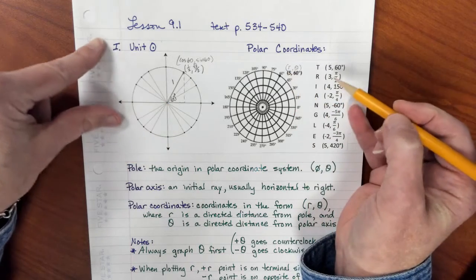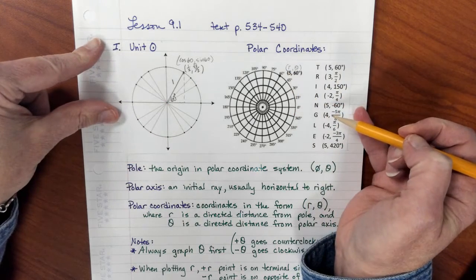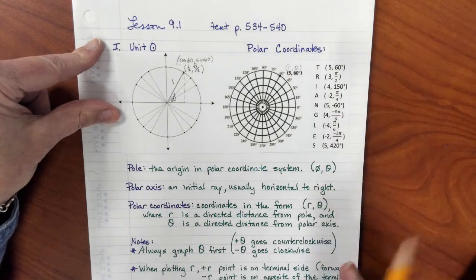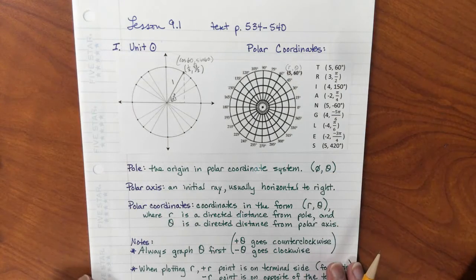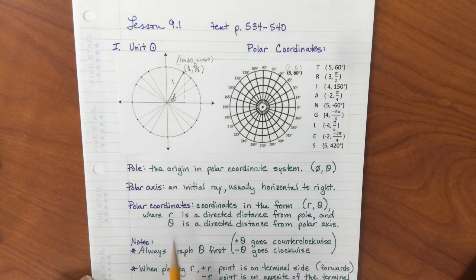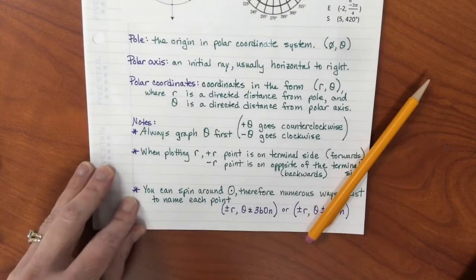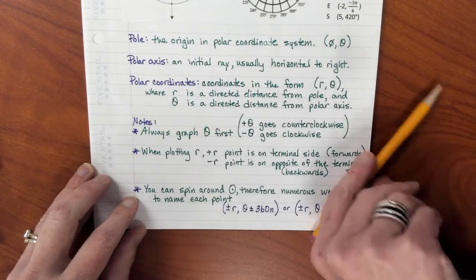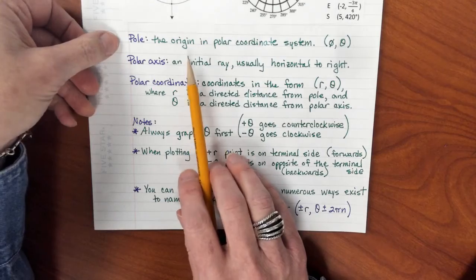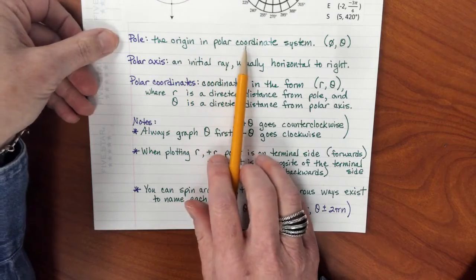Okay? Now before we plot all of these, I would like to give you some information. So I'd like to go through some vocabulary first and get this ironed out so that we can go back to the specifics here. Let's look at some vocabulary. The pole, with regards to a polar coordinate, is just the origin.